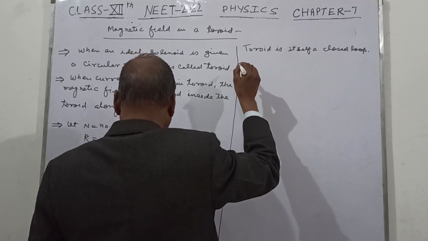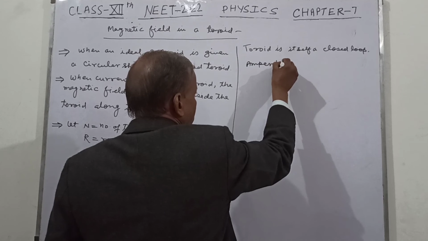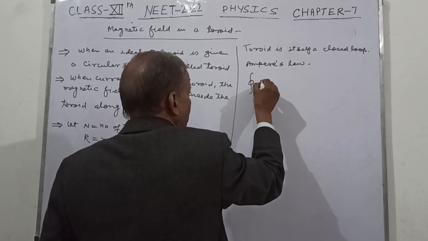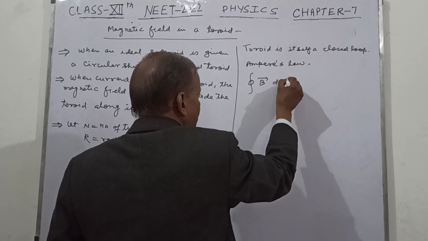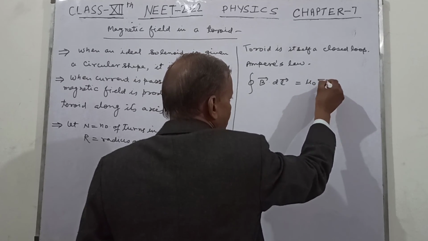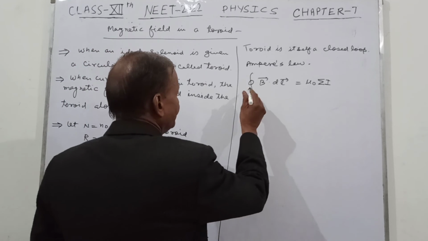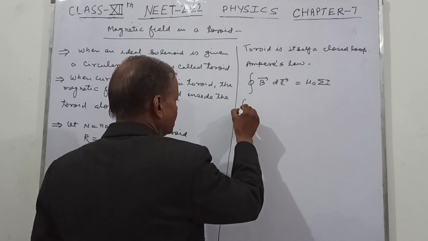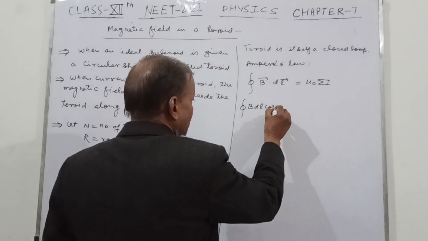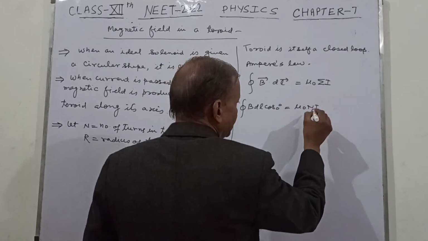So Ampere's law: integration B dot dl is equal to mu naught summation I. Now how to find this summation I? This is equal to integration over the closed path B dl cos 0 degree is equal to mu naught n i.